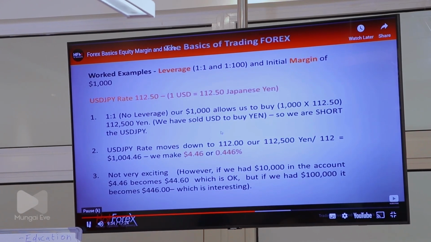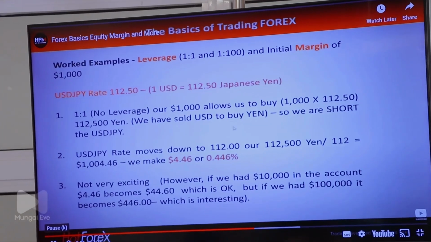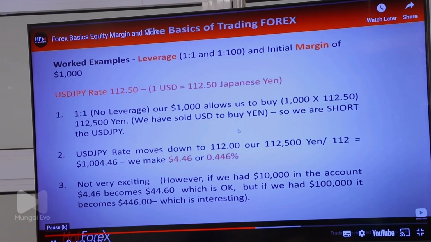So what does that now mean if we sold our position now? We sell our 112,500 yen, and the rate now is 112. So we divide our 112,500 by our rate, 112.00, and that returns us $1,004.46.